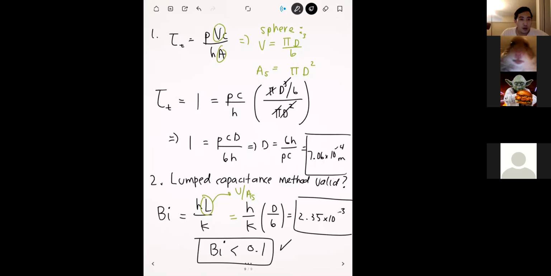Okay. So that's everything about the Biot number and the time constant. Now let's talk about general lump capacitance analysis.